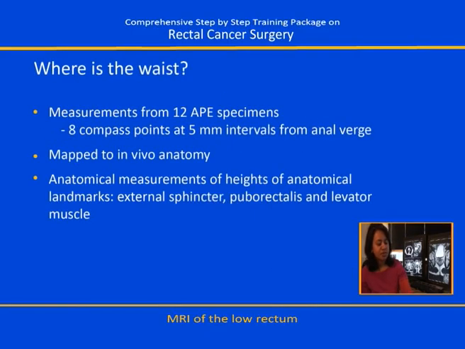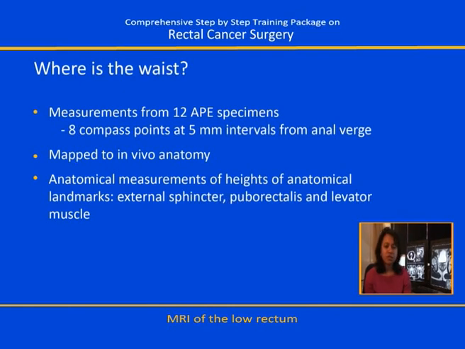So this concept of the muscularis propria forming the margins of the specimen is demonstrated on the specimens as the waist. It would be useful for us on imaging to know where that waist is, at what height from the anal verge we are seeing this effect of coning or of wasting of the rectal cancer specimen.